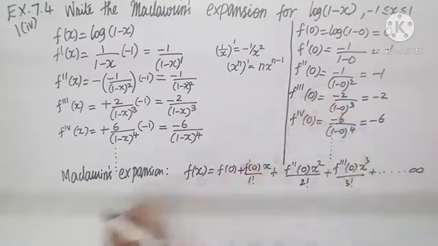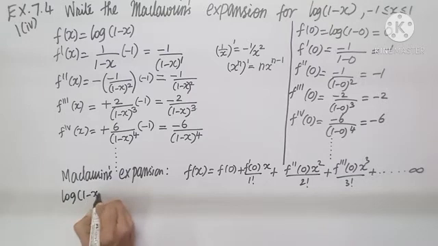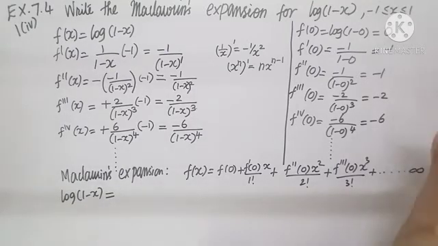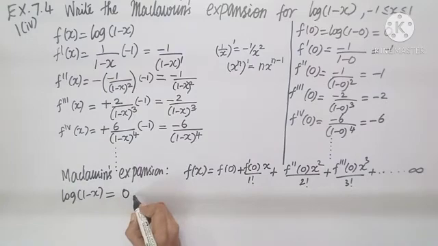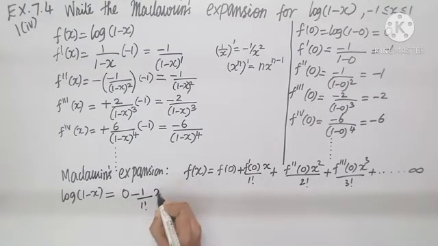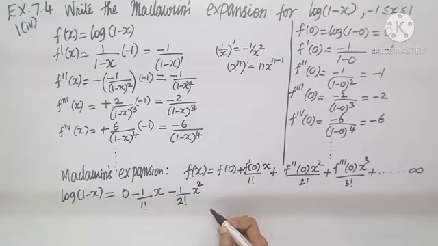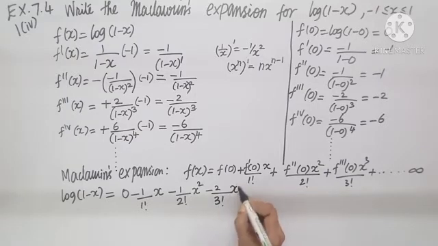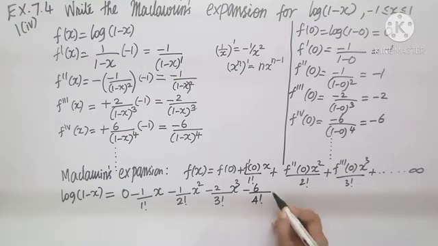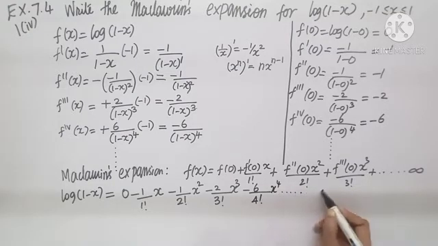Here f of x is log(1 minus x) equals f of 0, the value is 0, plus f dash of 0, minus 1 by 1 factorial into x, f double dash of 0, minus 1 by 2 factorial into x square, f triple dash of 0, minus 2 by 3 factorial into x cube. The next answer, minus 6 by 4 factorial into x power 4, and so on up to infinity.